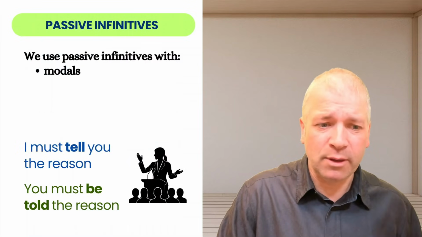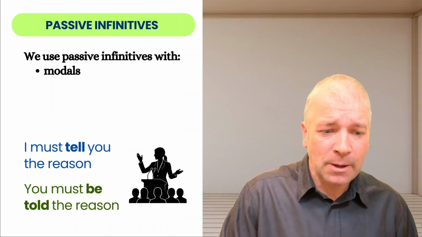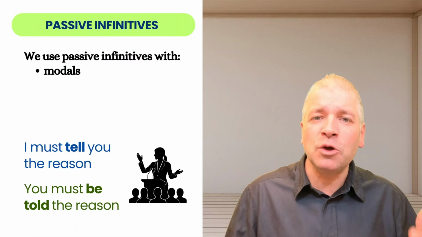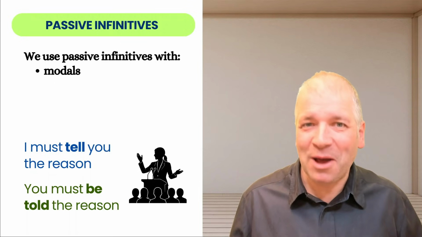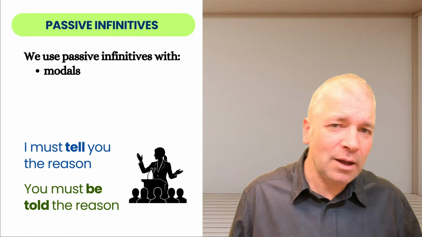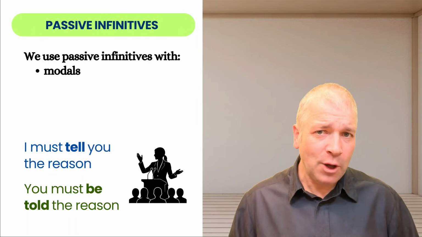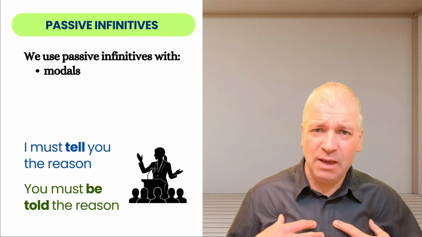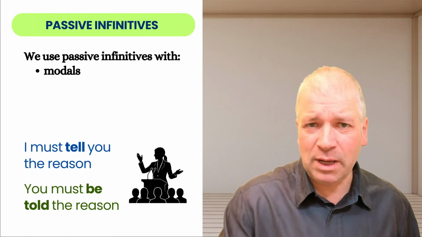Let's explore this. Well, first of all, we use passive infinitives with modals. So if this lady started by saying, I must tell you the reason for the story that I'm going to tell, that's her saying it. But if we make that passive with must, where now the emphasis is on the receivers, then the lady may say, you must be told the reason.